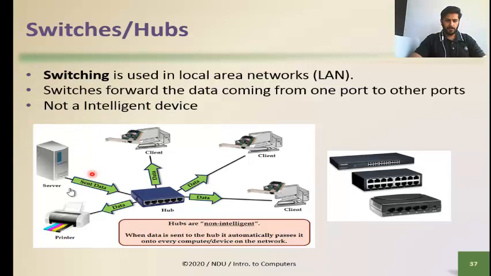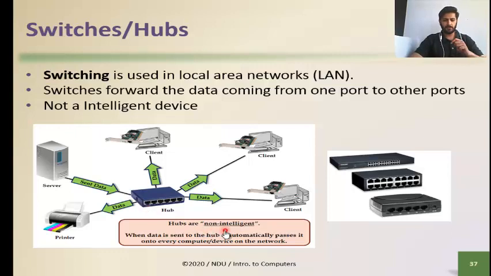For example, in this picture you see a server is available here. It sends the data towards this hub or switch, and this hub is broadcasting the data towards all of its clients available here. So it's not an intelligent device.